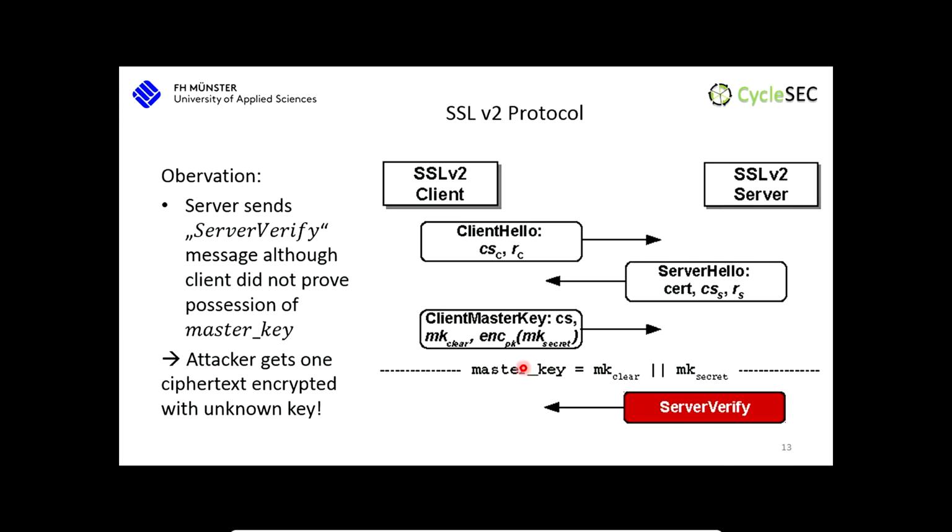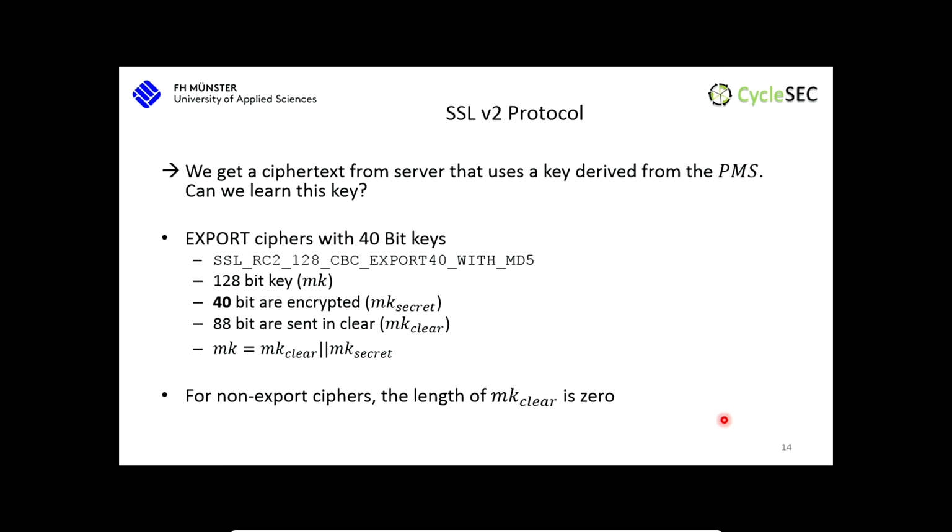So this message here will only be sent after the client proved with a finished message that he possesses the same symmetric key. So the attacker gets one ciphertext that is encrypted with an unknown key, because we don't know the key yet. The question, and please accept it, that this is now an important question that we need to raise, and I'll explain it in the next two slides.